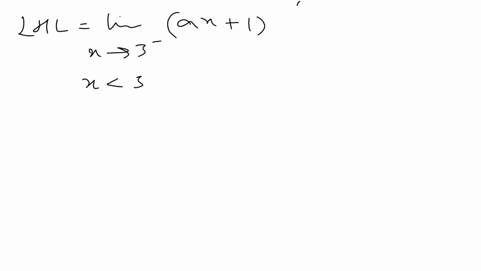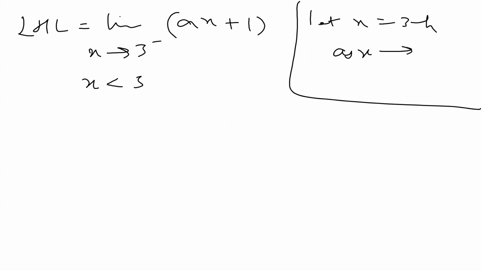So I'll take LHL now. Limit x approaching 3 minus. 3 minus is x lesser than 3. For x lesser than 3, the function is ax plus 1. Let x is equal to 3 minus h. As x approaches 3, h will approach 0.